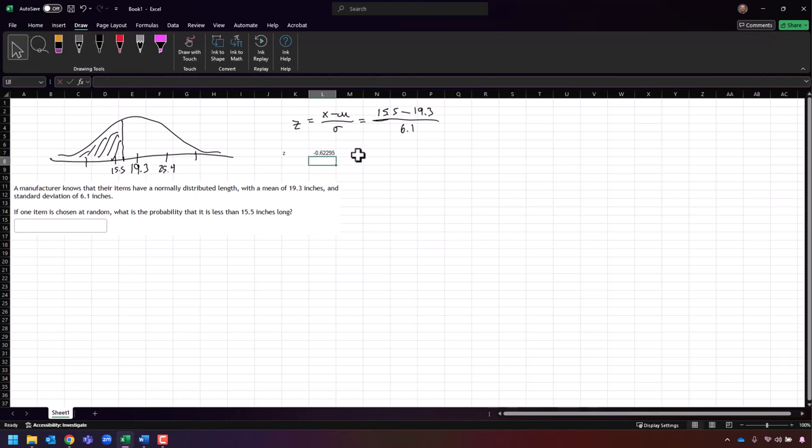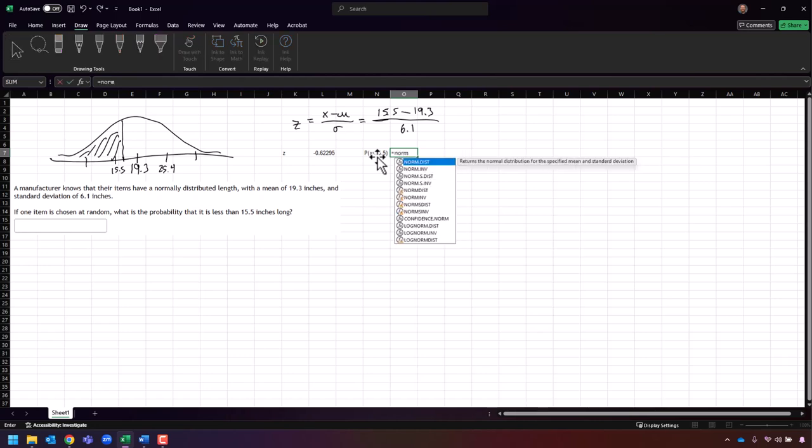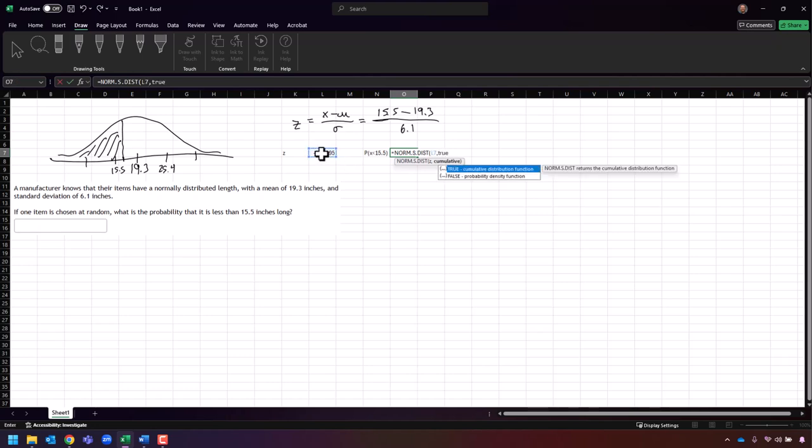Now this gives me a z-score of this. In section 4.1, I could find the area to the left of the z-score, so the probability that x is less than 15.5 is going to be the normal standard distribution of this z-score and true.